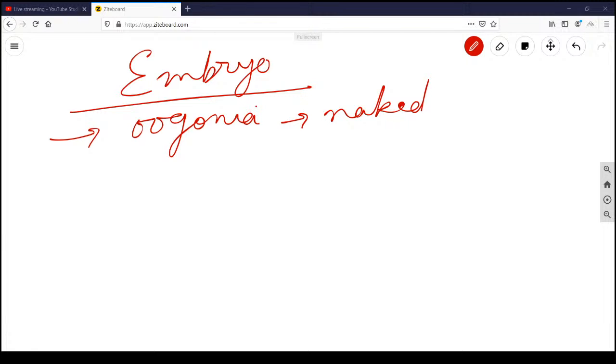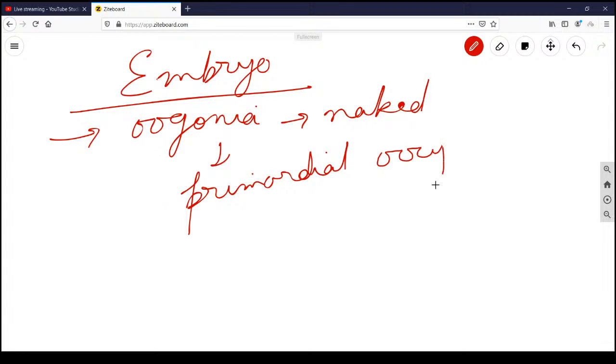But after meiosis begins, cells from the ovary partially surround the primary oocytes to form the primordial follicle. Some cells will start surrounding it and it will become a primordial follicle in the fetus, just before birth.